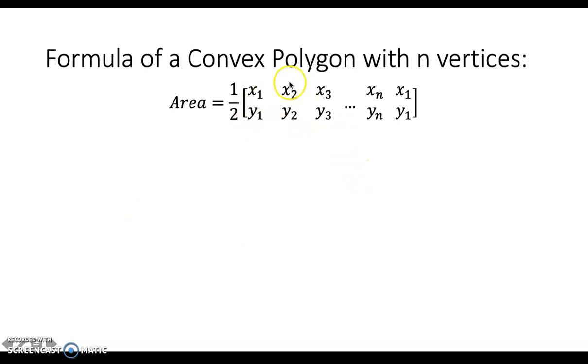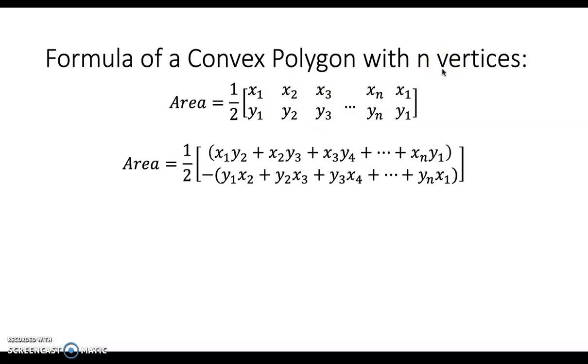Product down, product down, product down, until minus the sum of the product up, product up, product up. Or that would be 1/2 times the quantity of the sum of x sub 1 times y sub 2 plus x sub 2 times y sub 3 plus x sub 3 times y sub 4 and so on until x sub n y sub 1, minus the quantity of y sub 1 times x sub 2 plus y sub 2 times x sub 3 plus y sub 3 times x sub 4 and so on until y sub n times x sub 1.